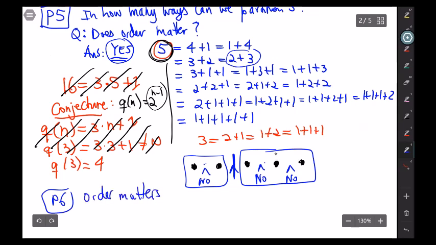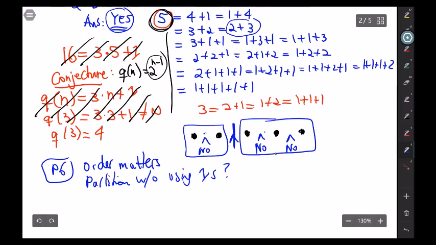How many ways can you partition 5 where you are not allowed to use ones? Order matters partition without using ones. How many ways, for instance, in the case of 5, how many are there?